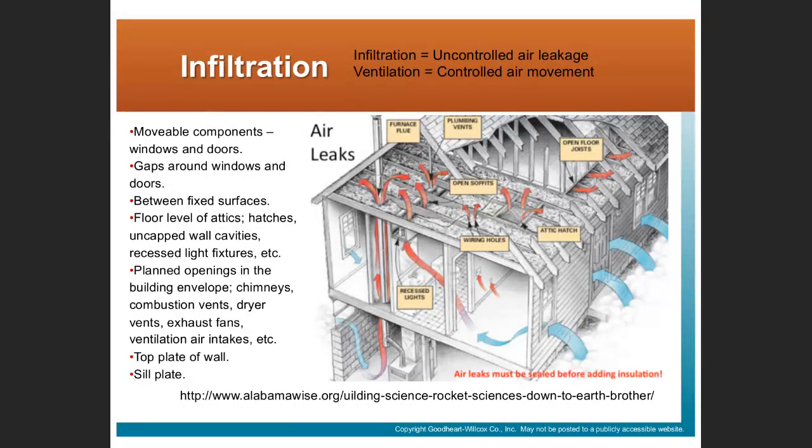And I always like to say that infiltration is uncontrolled air leakage and ventilation is controlled air movement. So as we make more efficient structures, as we get better in terms of the quality of both our detailing and our execution in the field, we reduce air infiltration, so we might have to substitute some ventilation to make sure that we continue to maintain a healthy indoor environment.